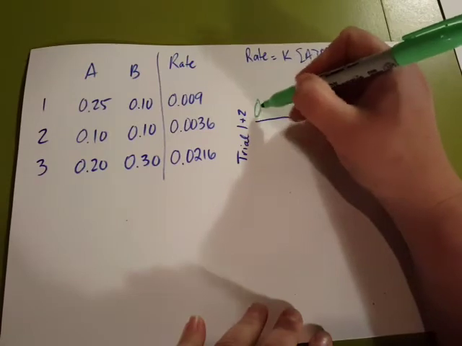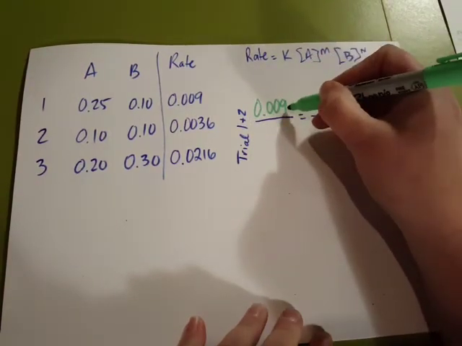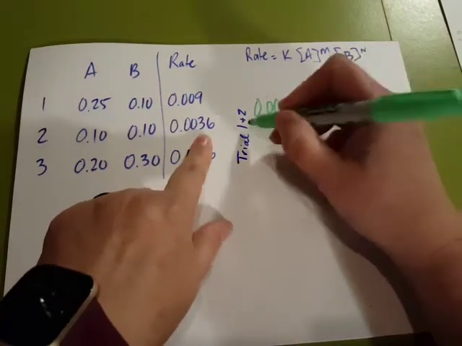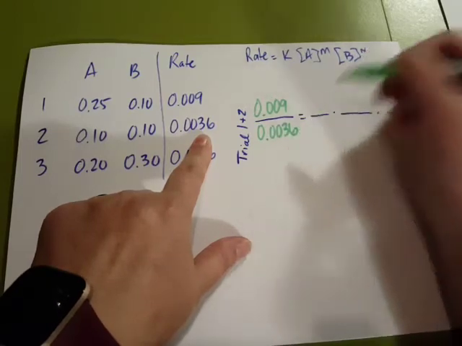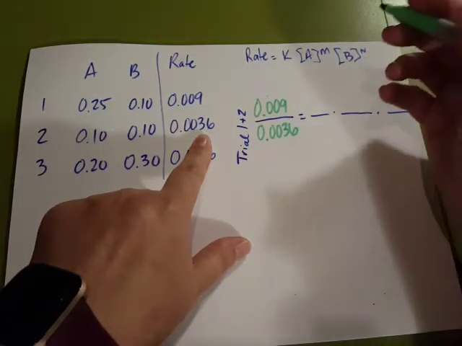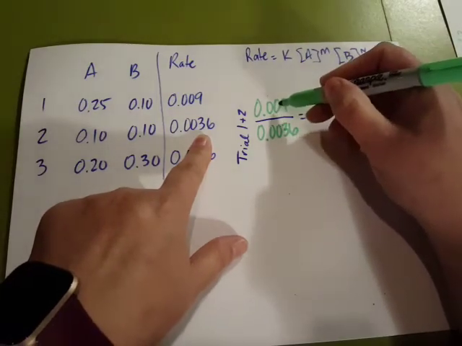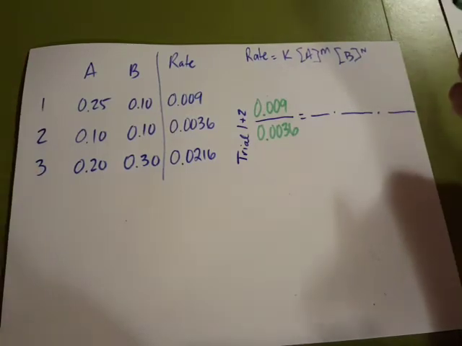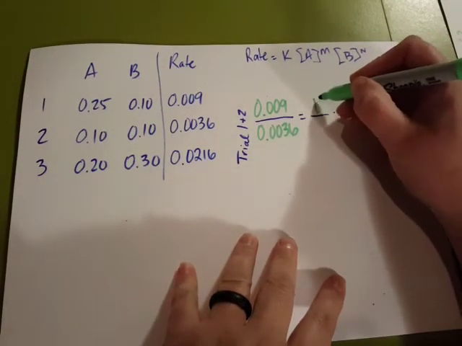I'm picking trial 1 on top because the rate is bigger in trial 1 compared to trial 2. I like nice big whole numbers. If I divide the little number into the big number, I'm going to get a bigger juicy number rather than a decimal number, which I have no interest in.